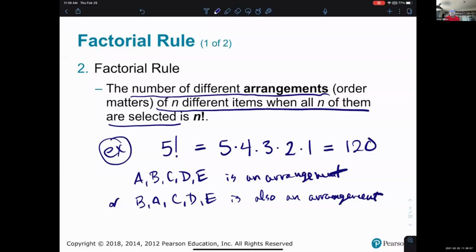Or maybe I could list them in reverse of alphabetical order: E, D, C, B, A. Anytime I switch the order around a little bit, I get a different arrangement. And so the number of different arrangements can be totaled when you have 5 items to arrange that are different from each other, and the order in which you arrange them matters. And this calculation tells me there are 120 different ways that I could arrange these 5 letters.